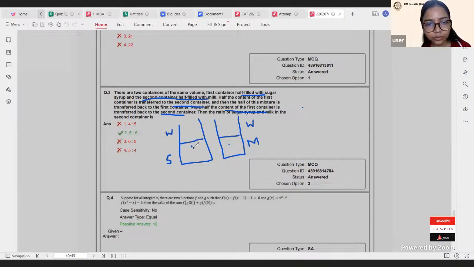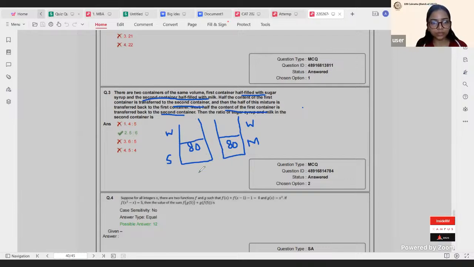So if we consider this to be around 80, the same volume it is mentioned. So it will be 80 water, 80 sugar syrup here, 80 water, 80 milk here.